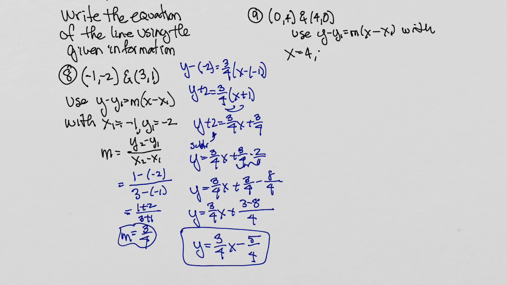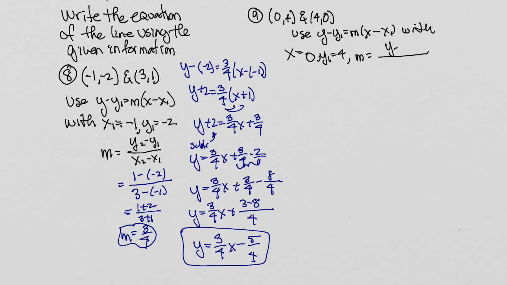No, not really. x1 is 0. Now, I could use that 4, but I just like to read it from left to right. So if I read left to right, that's the first x I see, so I'll use 0. If I read right to left, I'll get a 4. But let's use a 0, and then y1, that's going to be the 4, and m, well, we'll have to go get the slope.